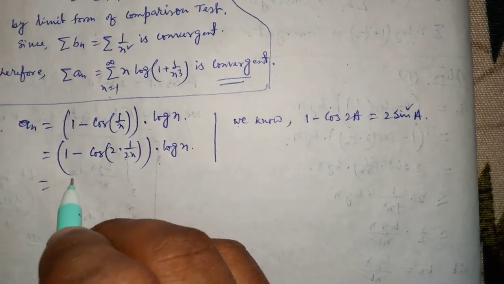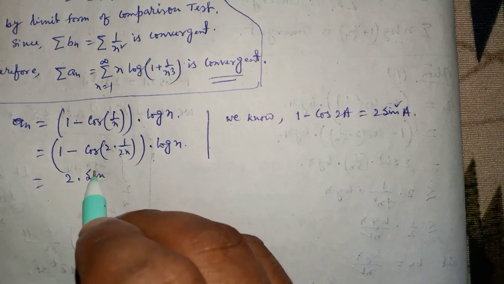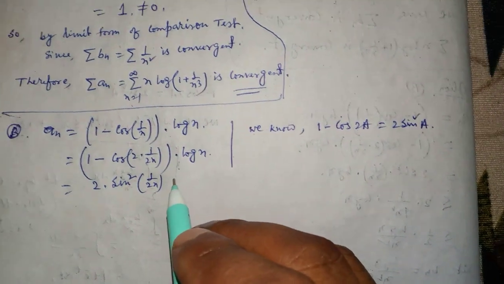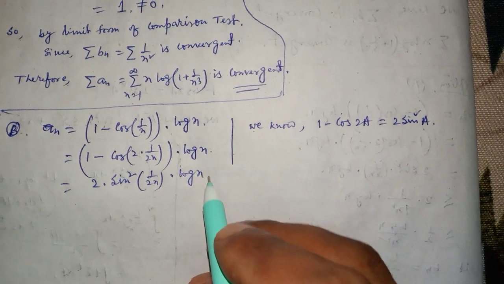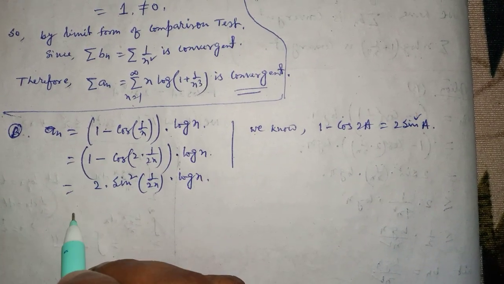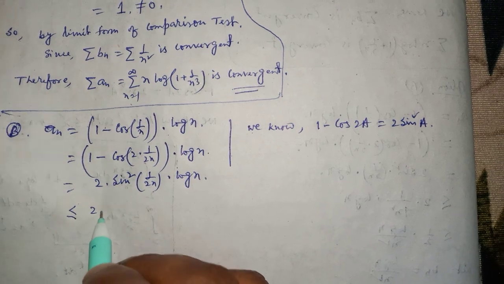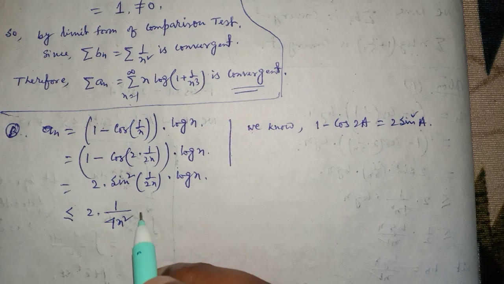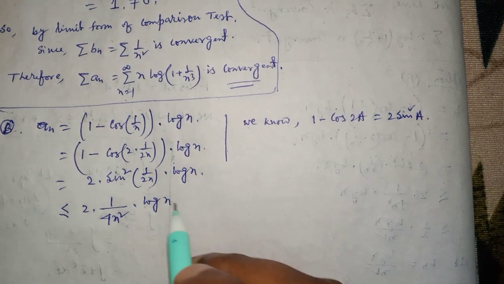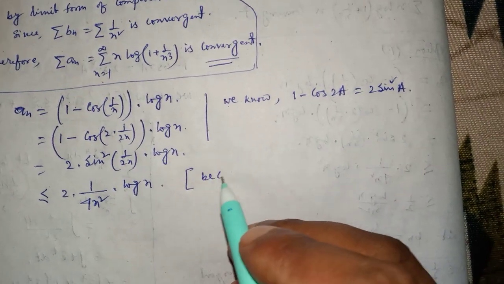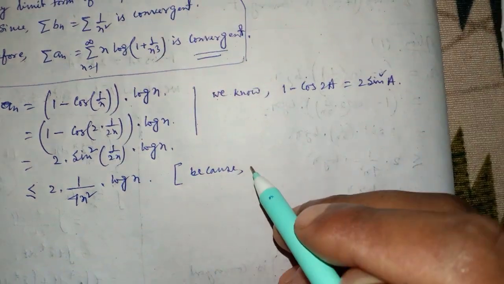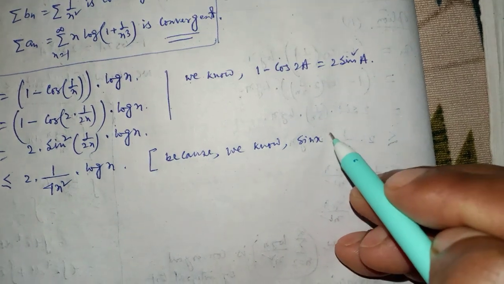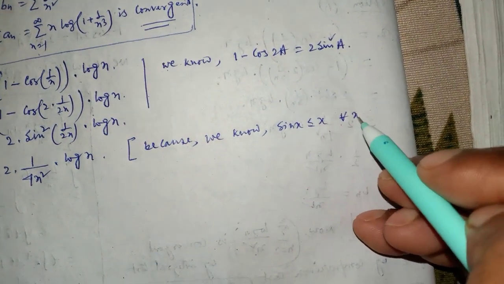So here 2 sin square 1 by 2n into log n. So this is less than or equal to 2 into 1 by 4n square into log n, because we know sin x is less than or equal to x for all x greater than or equal to 0.